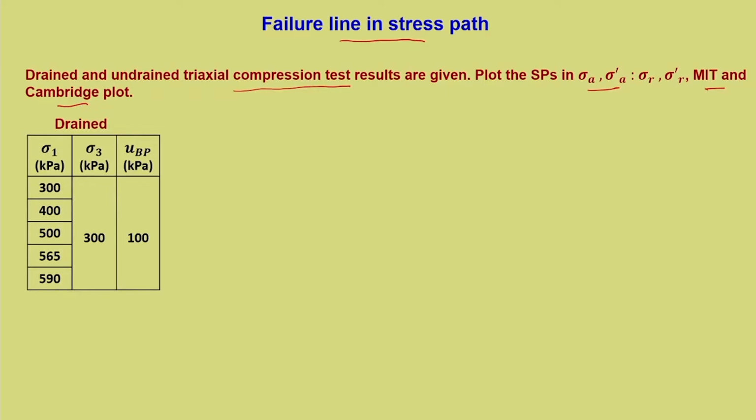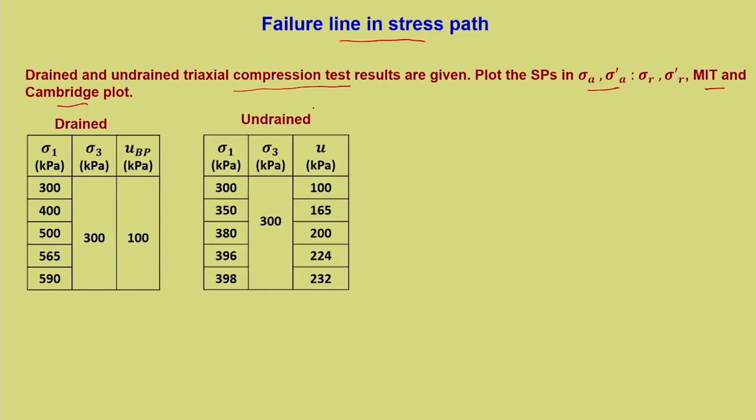This is the data for the drained triaxial compression test, where sigma 1 is given as 300, 400, 500, 565, 590, and sigma 3 is constant at 300, and back pressure is given as 100. I hope you remember what is meant by back pressure.